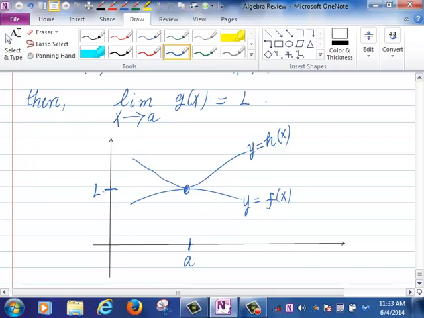Well, g is in between the two, right? So the graph of g must be in between the two. Wouldn't that force the limit of g to be L as well? So whatever g is, g has to be in between. So at a, the limit of g must be L as well. Okay? That's what's going on. Is everybody clear?